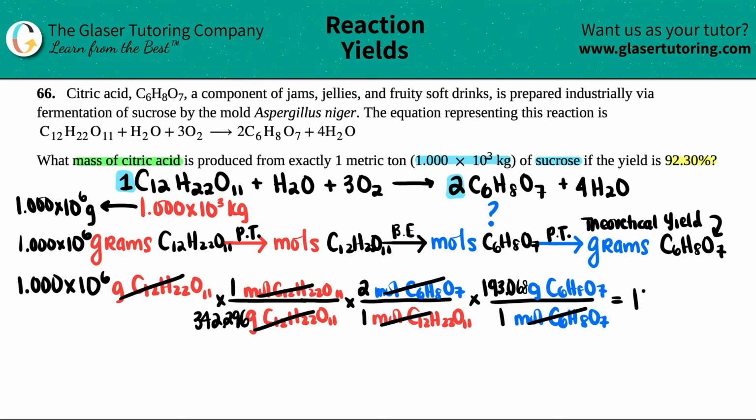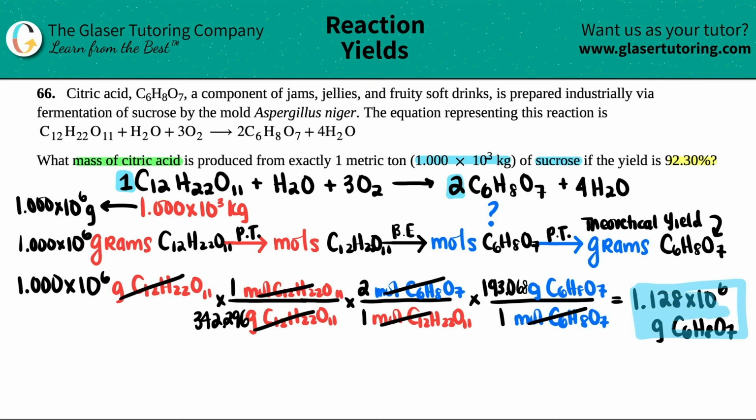We'll put it in grams and then we can put it back into kilograms. It doesn't really matter. 1.128 times 10 to the 6th. And that's grams of the C6H8O7, the citric acid. And that is your theoretical yield.